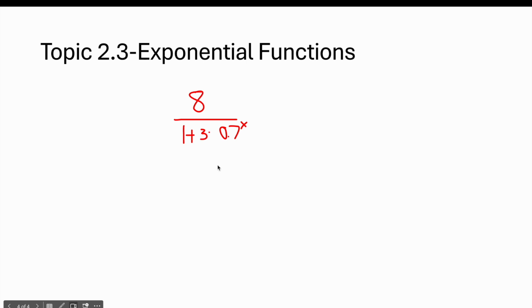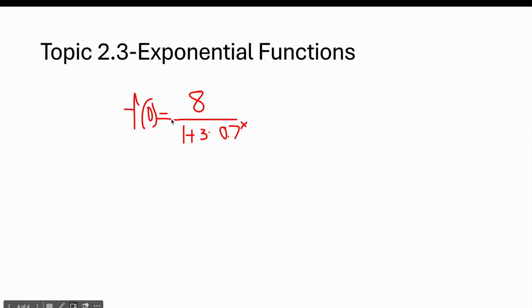First, we have to find the y-intercept, right? Usually on tests and quizzes, they will ask you to find y-intercepts, giving you a logistic growth function. To find the y-intercept, it would technically just be f of 0, because this is our function.